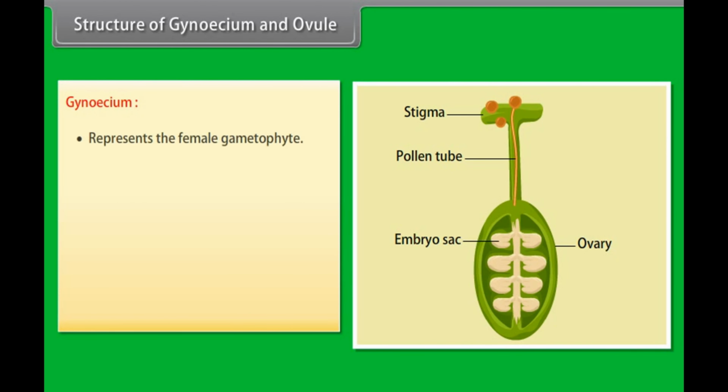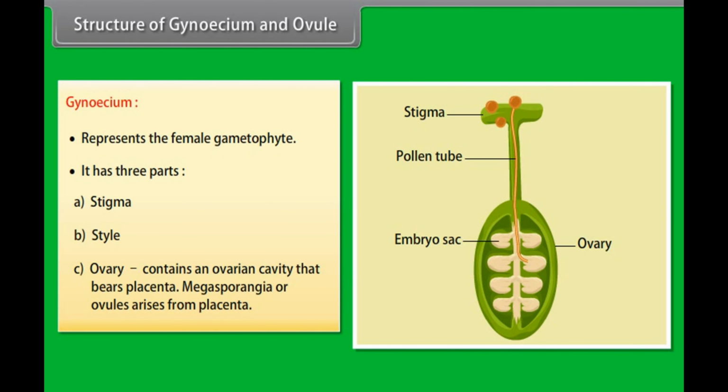Structure of gynoecium and ovule. Gynoecium represents the female reproductive part. It has three parts: stigma, style, ovary. The ovary contains an ovarian cavity that bears the placenta. Megasporangia or ovules arise from the placenta.